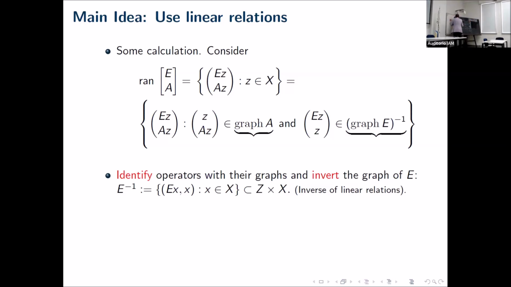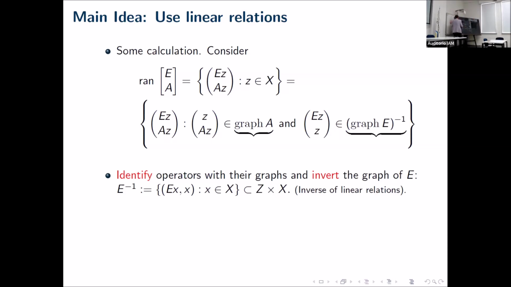And then what is the range? What is the range of a subspace T? Well, also all second entries. So it is all y such that there exists x with the property (x, y) is in T. And now you can take all notions you know about operators.